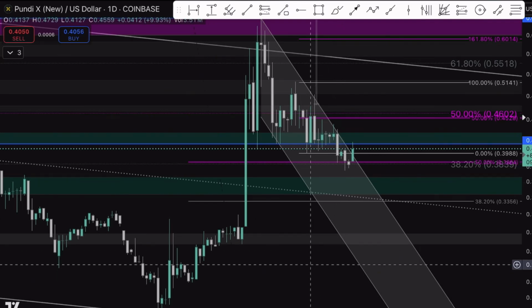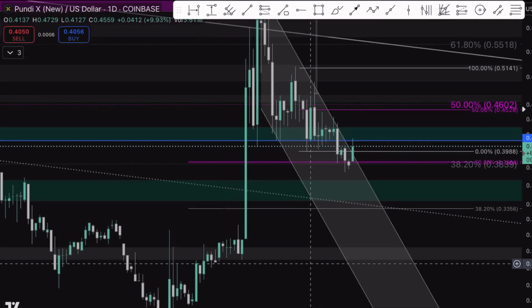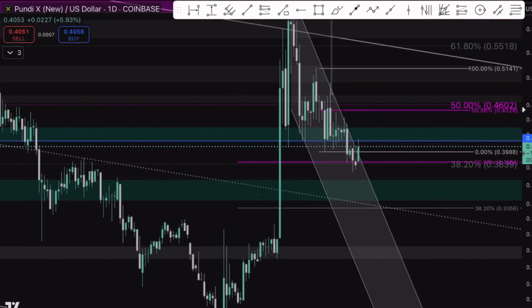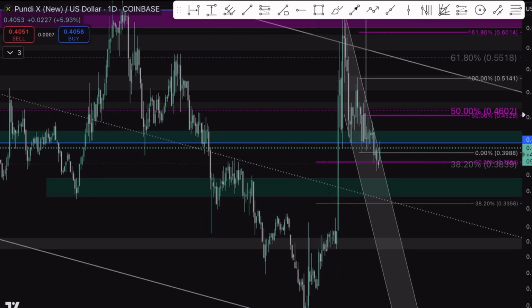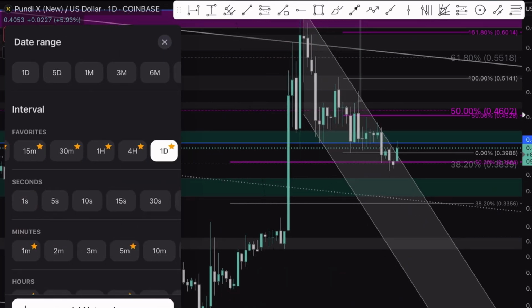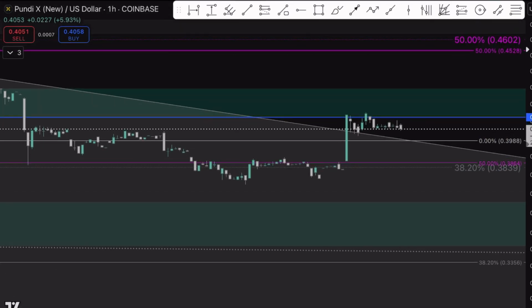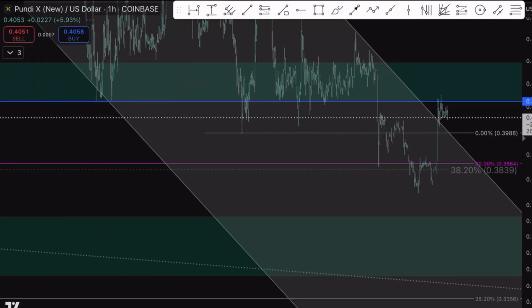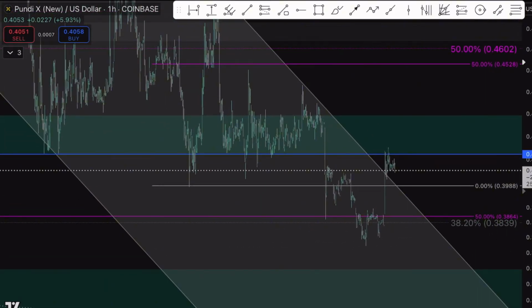So the 38 is for the whole chart, which looks kind of interesting. But let's see. Let's go to the 1 hour. So it's coming out of there.